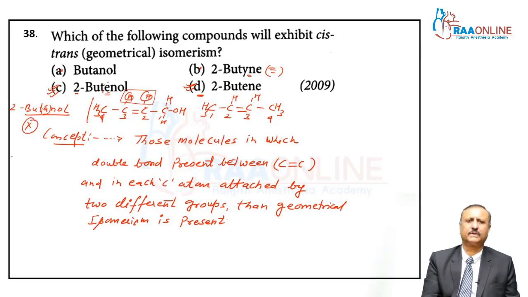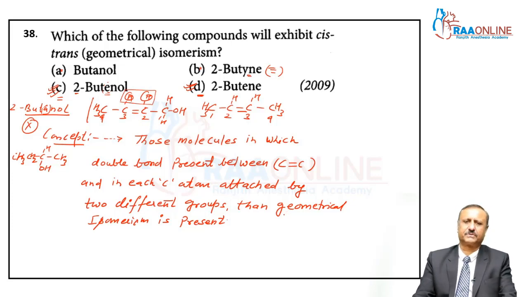Because when you draw the structure of 2-butanol, 1, 2, 3 and 4, this is the OH group, here CH3, here H, here CH2 and CH3, you can see the double bond is absent. So, without the double bond, this compound does not give geometrical isomerism. So if it is 2-butanol, the answer is D, and if it is 2-butenol, you get answer C and D. This is the concept and the reaction, my dear students.